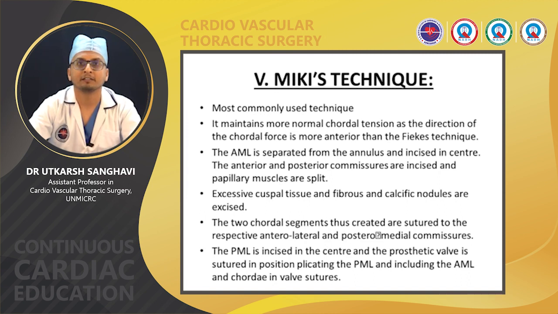The two chordal attachments which are left over after excising the calcified and thickened leaflets are sutured back to the respective places: if they are originating from the anterolateral papillary muscle, they are sutured to the anterolateral commissure, and if they are originating from the posteromedial papillary muscle, they are sutured into the posteromedial commissure. The PML is then incised in the center, and the prosthetic valve is sutured in position after plicating the posterior mitral leaflet.